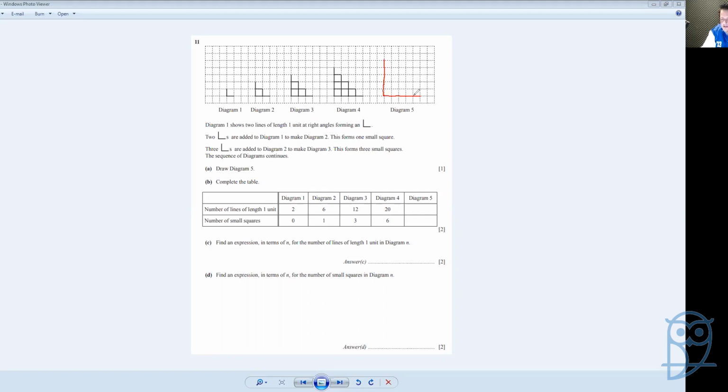If I've drawn the L's, kept drawing the L's, or if I can see an easier way. And I most definitely can see an easier way because I'm just going to fill up the squares because that is what the shape does. And there's your shape. You can see there are all my L's on the top. There you go. Very nice. Get your marks, and no one is any the wiser.